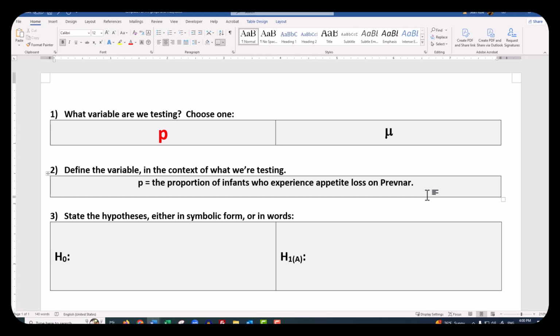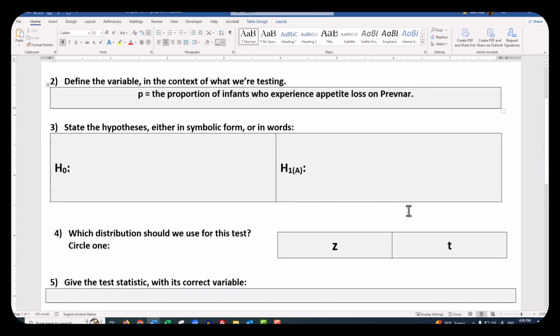Now, to set up the hypotheses down here in step 3, I'm going to go with the alternative first. The alternative is that the proportion is greater than 13.5%, because the sample statistic we got was around 17%, and that's a larger number than 13.5.